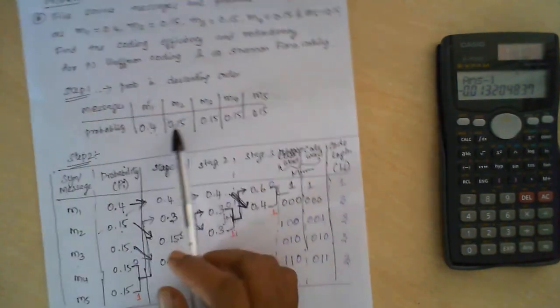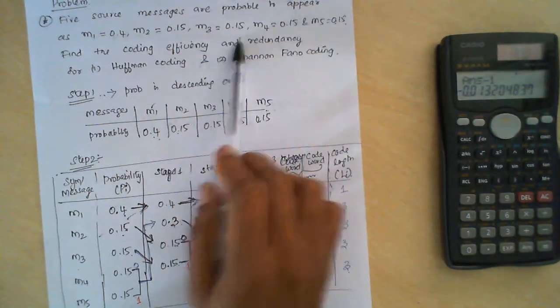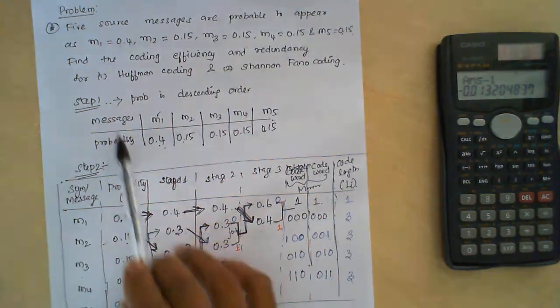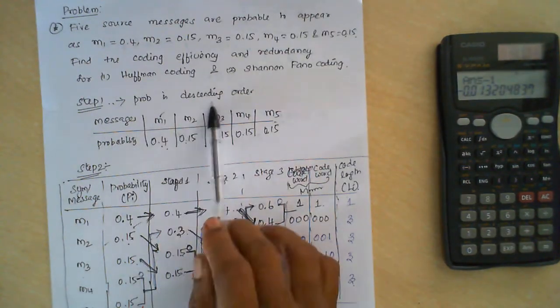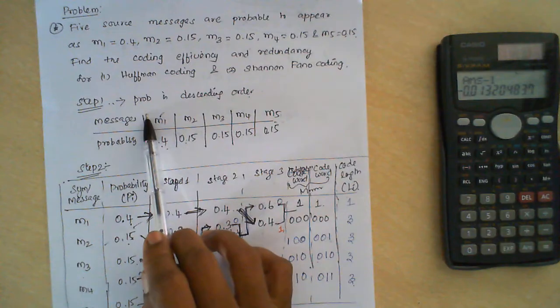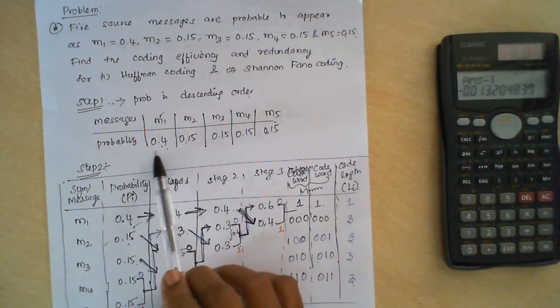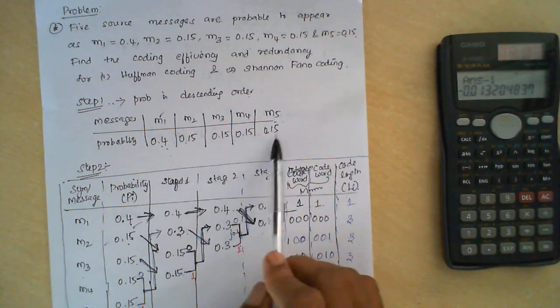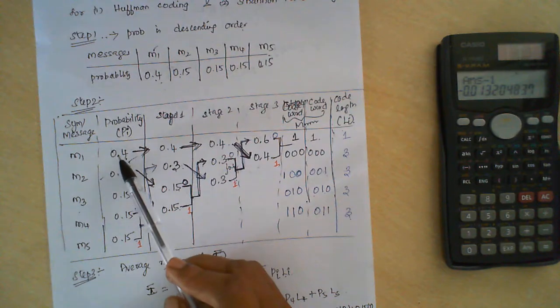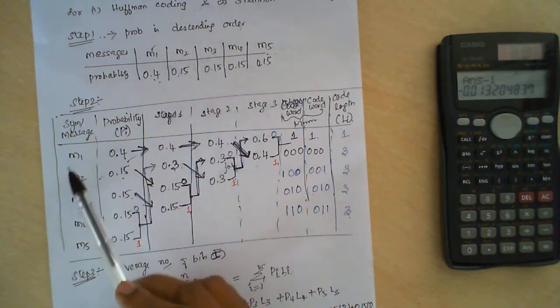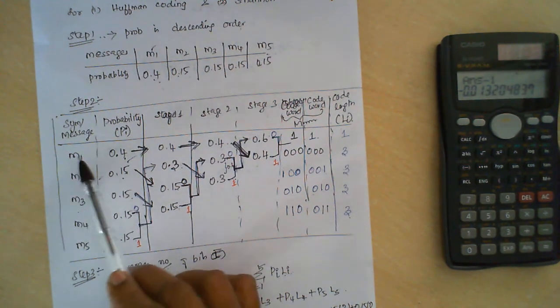So you know, if the probability is given along with some messages, arrange the probability in descending order. In some problems they will be directly giving the values. So here they have directly given the problem in descending order itself. There is no need for rearrangement. So here step 2, you need to rearrange the symbols.